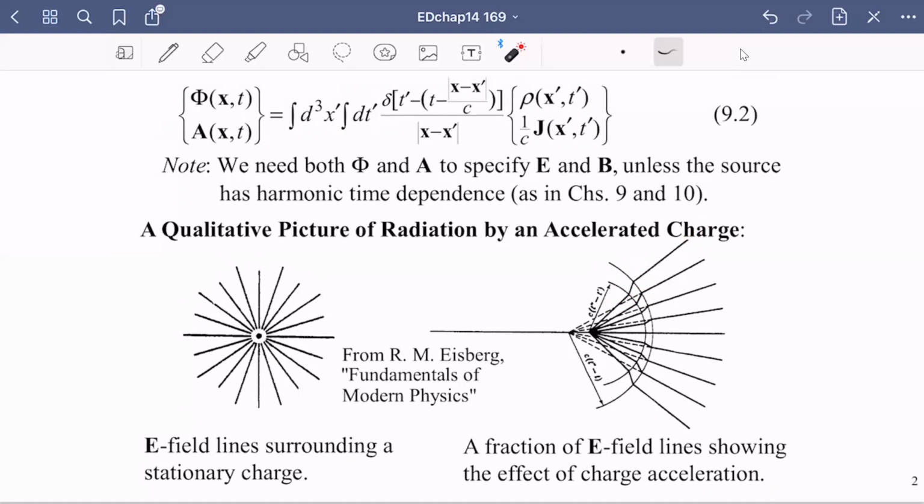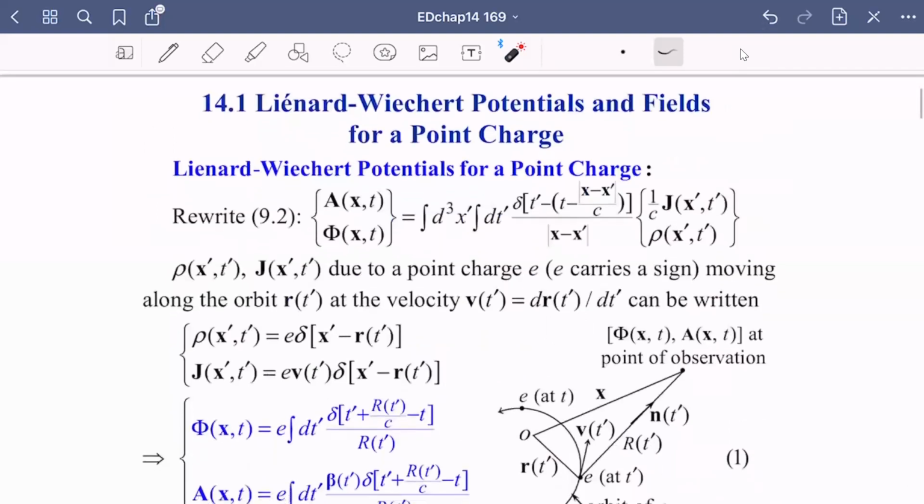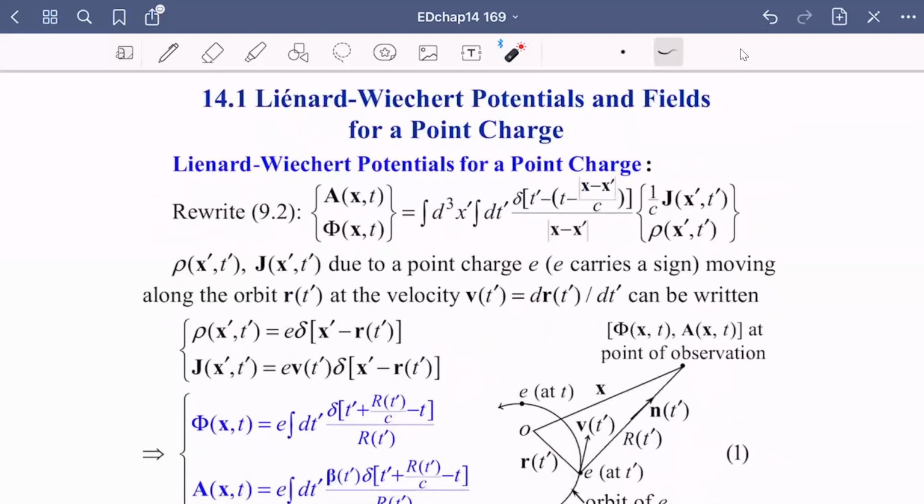Therefore, it will distort here in this region. Just like we generate a radiation from the charged particle. Okay, that's the basic picture.